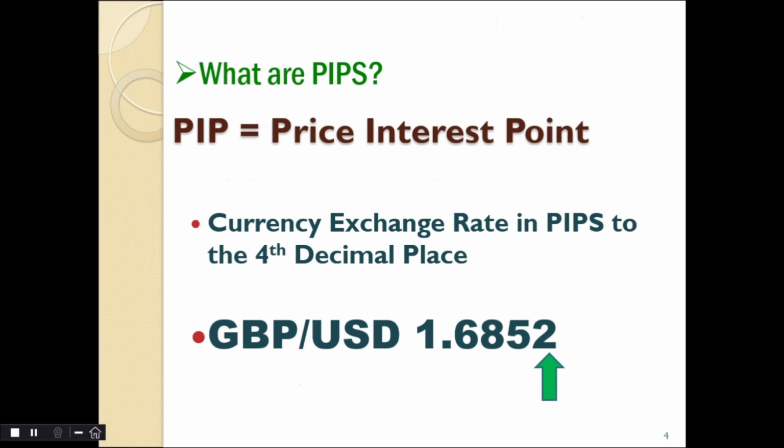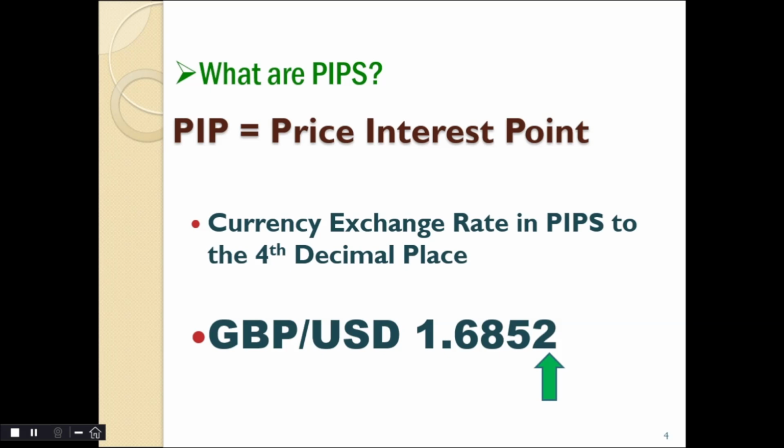What are pips? PIP stands for Price Interest Point, and it is a measure of movement in the market. Whether the movement is upward or downward, we all measure using pips. It's just the same as if we use kilograms in measuring weight, such that with different items, we can quantify the price by the weight of the items.